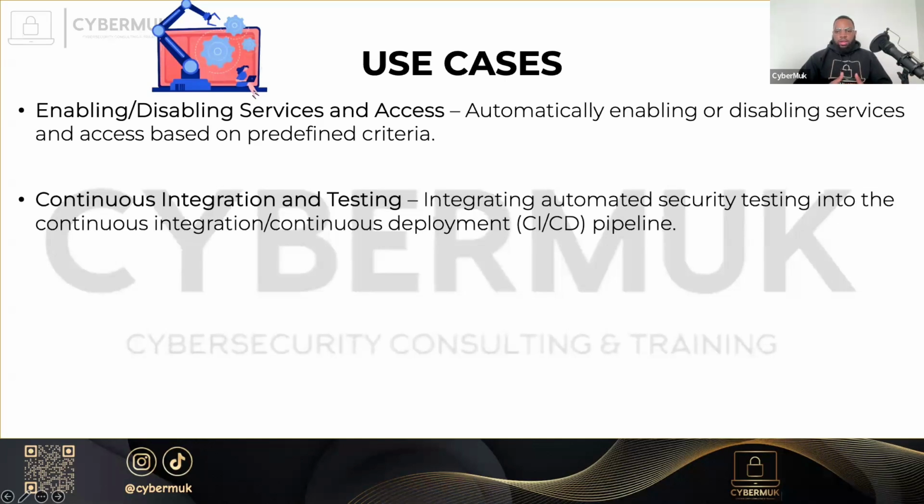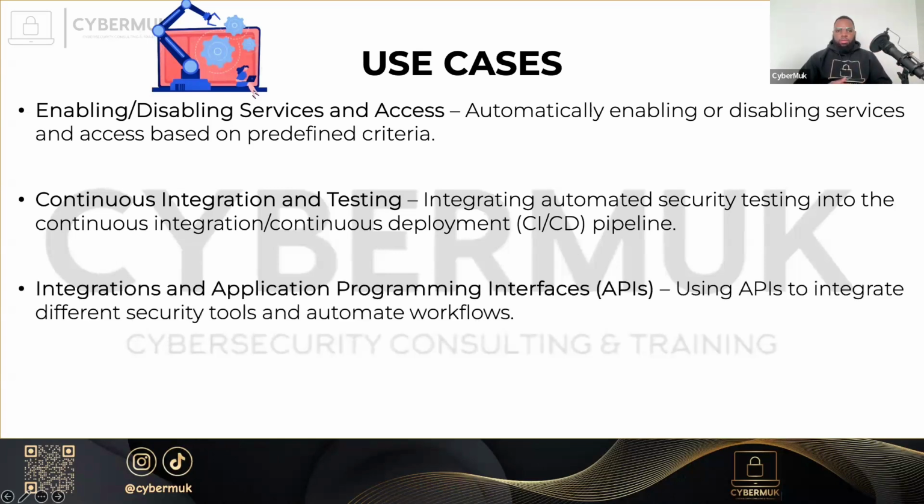Continuous integration and testing. So you can integrate automated security testing into the CI/CD pipeline, continuous integration and continuous deployment. Automatically test security. This ensures that security checks are performed consistently and issues are identified early in the software development cycle.